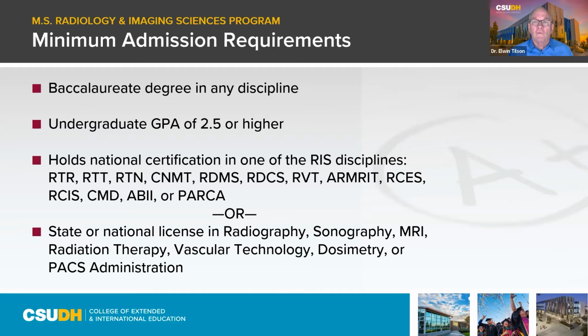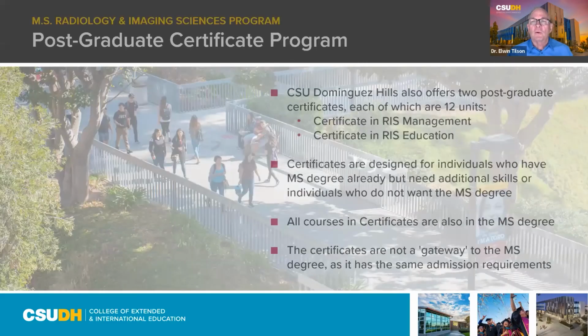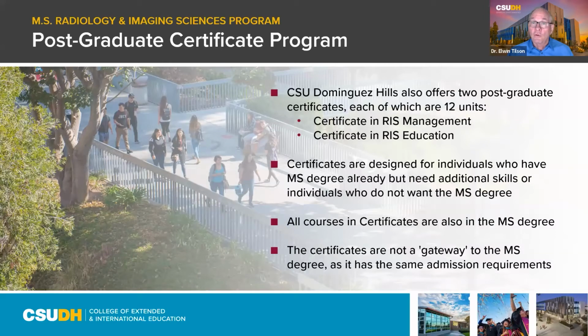We also offer a postgraduate certificate program. Actually, we offer two of them, one in RIS Management and one in RIS Education. These certificate programs are 12 semester units, which is the same as 12 semester hours long.